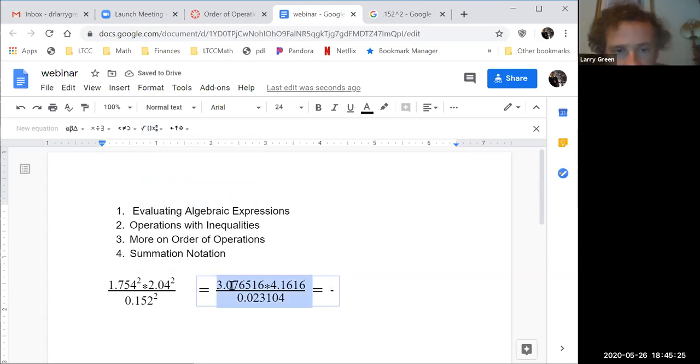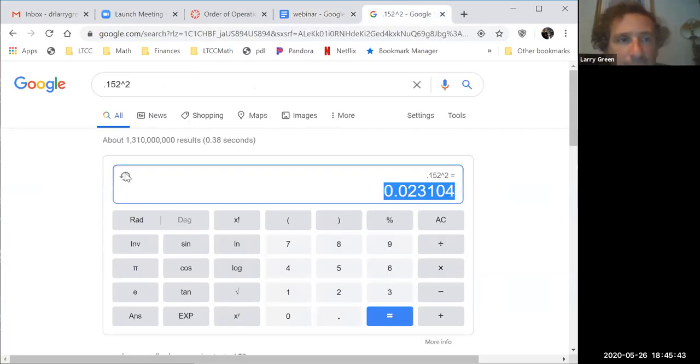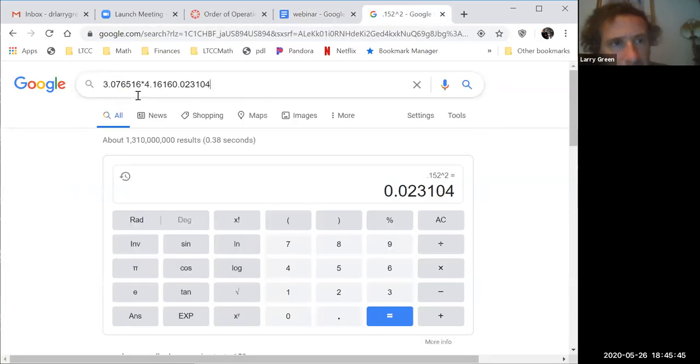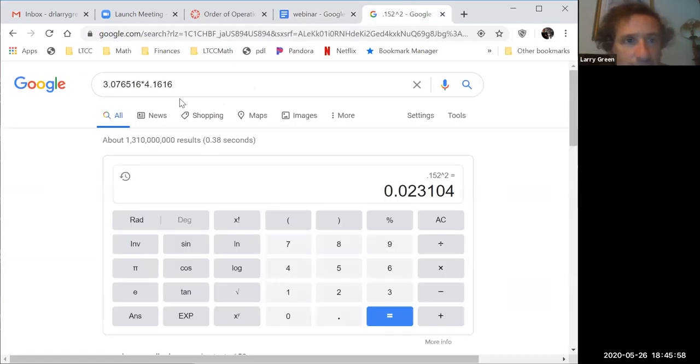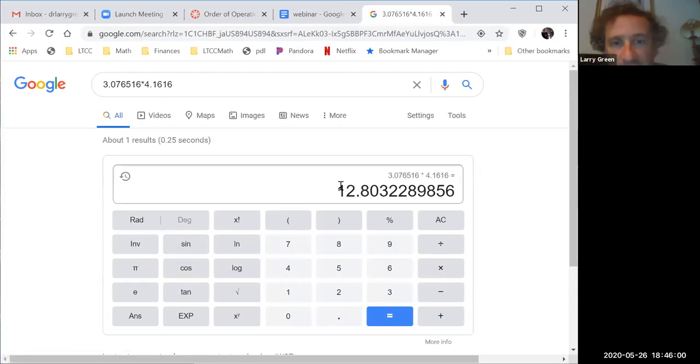So now we need this guy, just the top. Let's see if it'll let me do just the top. Nope. Okay, so I think it's that one, but let me double check. Yeah, and 4.1616, yep. And there's the multiplication of the top.